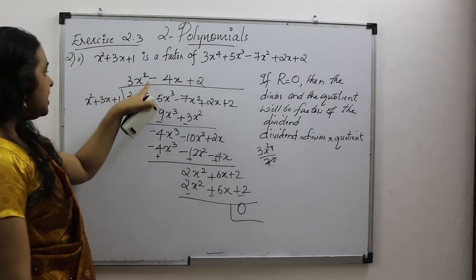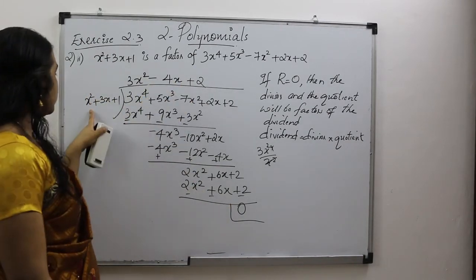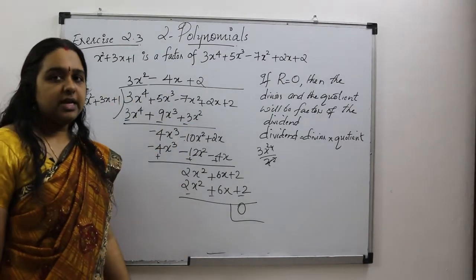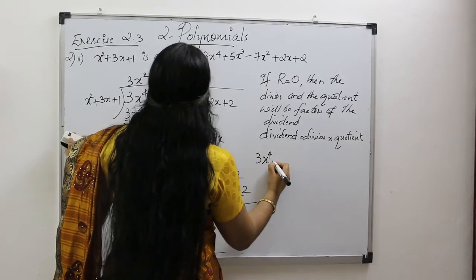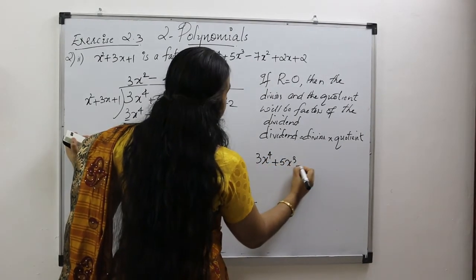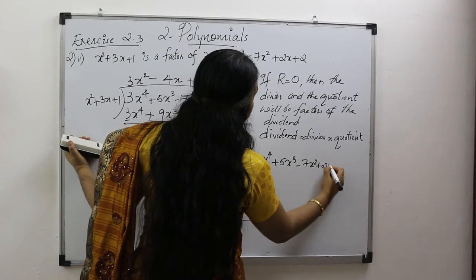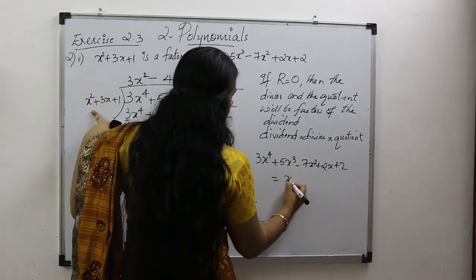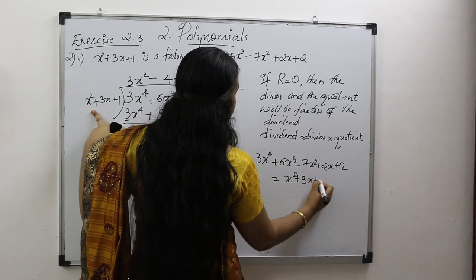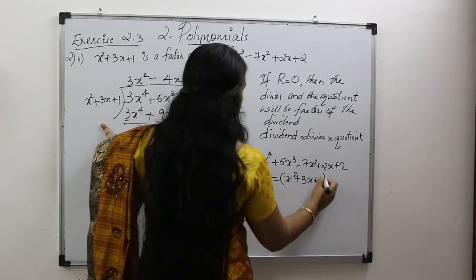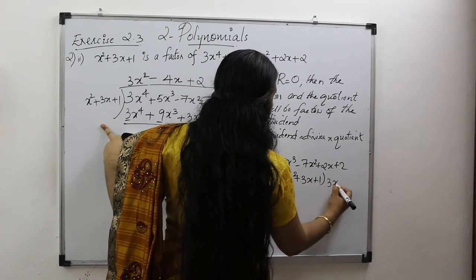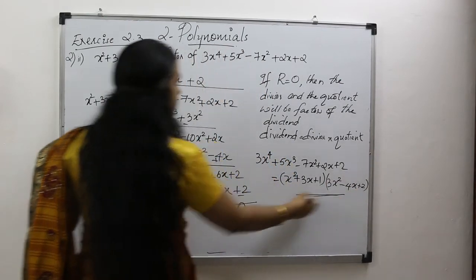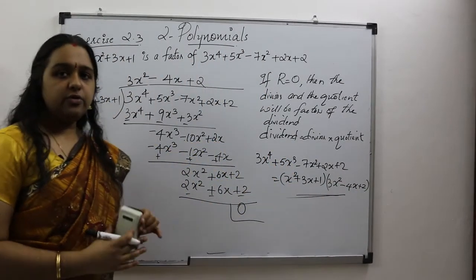That means 3x square minus 4x plus 2 and x square plus 3x plus 1 are the two factors of our dividend. Dividend 3x raised to 4 plus 5x cube minus 7x square plus 2x plus 2 equals x square plus 3x plus 1 into quotient 3x square minus 4x plus 2. This is the way you have to do.